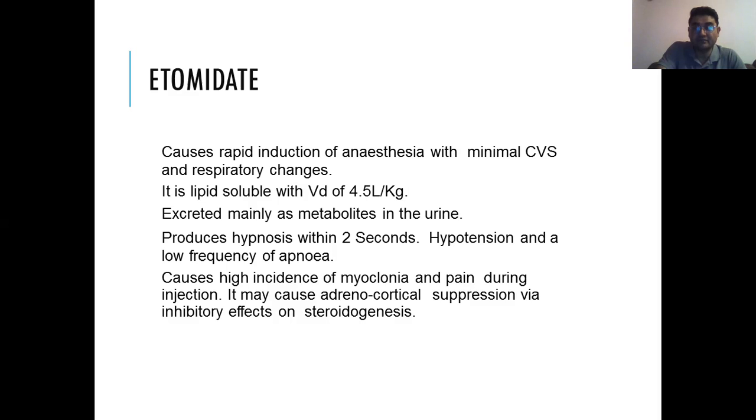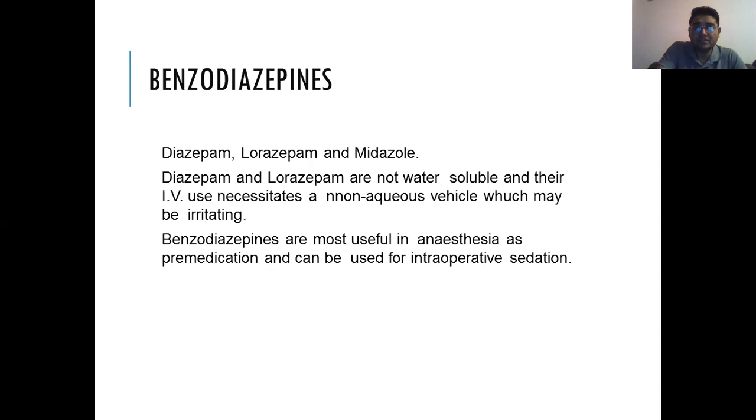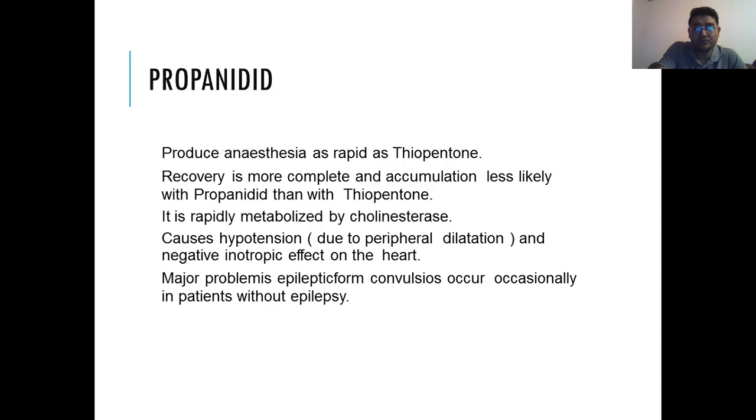It causes a high incidence of myoclonus and pain during injection. It may cause adrenocortical suppression via inhibitory effects on steroidogenesis. Benzodiazepines: diazepam, lorazepam, midazolam. Midazolam is the most important one, and propanidid produces anesthesia as rapid as thiopental.